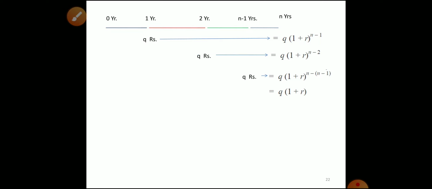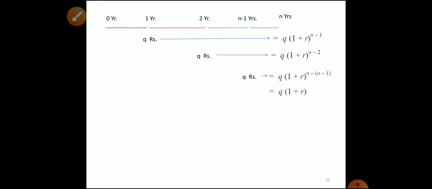So in order to understand this sinking fund method, let us again consider the same diagram. Here Q rupees have been invested, kept aside per year, and that will be deposited in the bank.